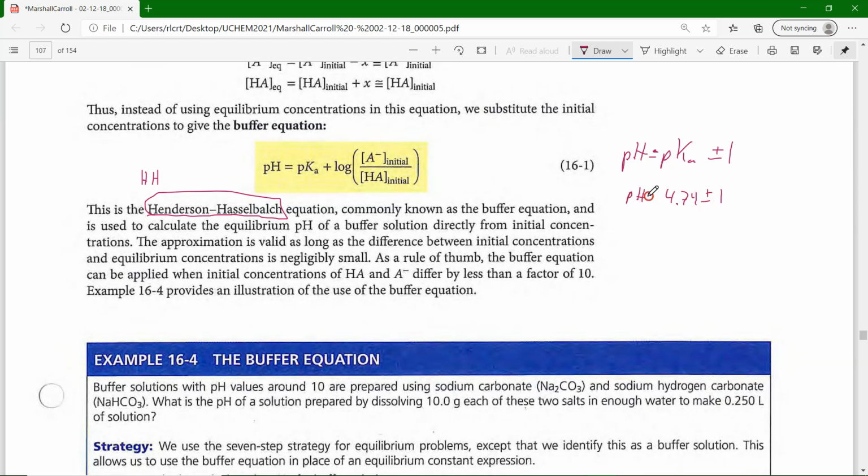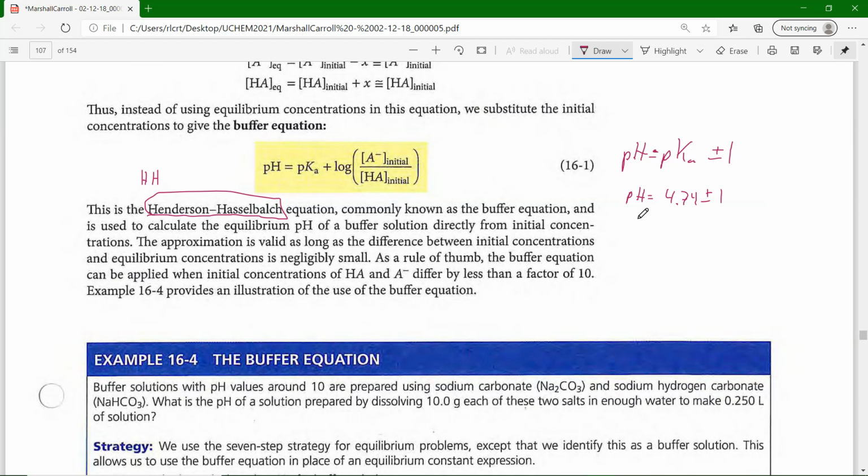If you're having an acetic acid buffer, so acetic acid is the weak acid and acetate is the base, whatever you want to maintain at a given pH can't be more than 5.74 or less than 3.74. This is important in biology when you're looking at certain enzymes and they have to work within a certain pH range. So that plus or minus 1 is typical.